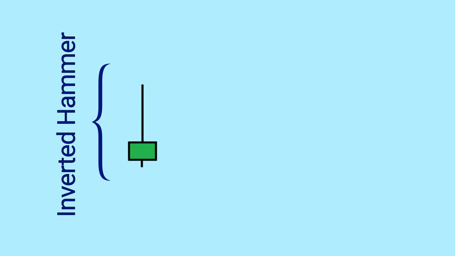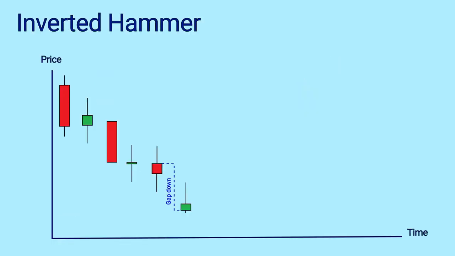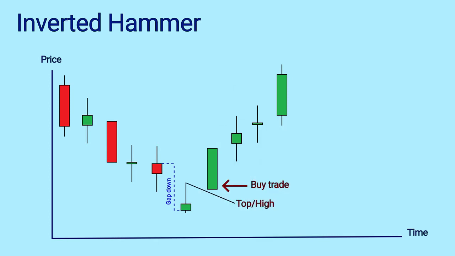Like the hammer, it is just the inverted version of the same candlestick. The confirmation of the bullish reversal takes place when price eventually moves above the high of the candle. Someone should take a buy trade at that point and then trail the trade with a stop loss, because no one knows how far the up move is going to continue.